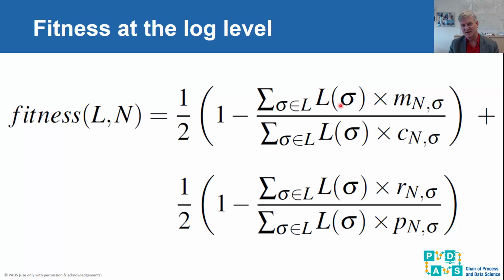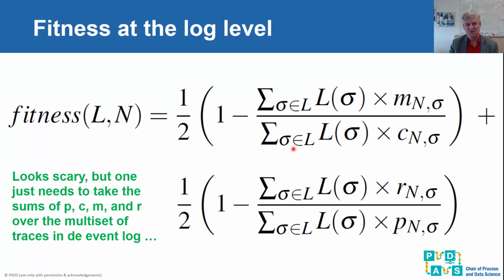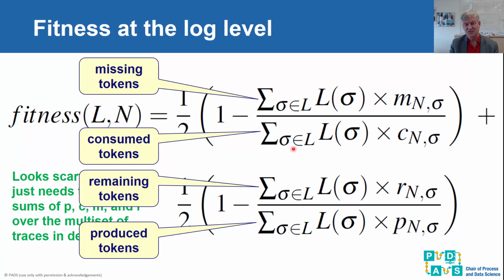L sigma is indicating how often sigma appears in multiset L, and the same for all the other ones. And so as I said, this looks scary, but we are just, let's say, summing over all the different cases. So this is the total number of missing tokens for the entire log after replaying not a single trace but the whole log, and the same for consumed, remaining and produced tokens.